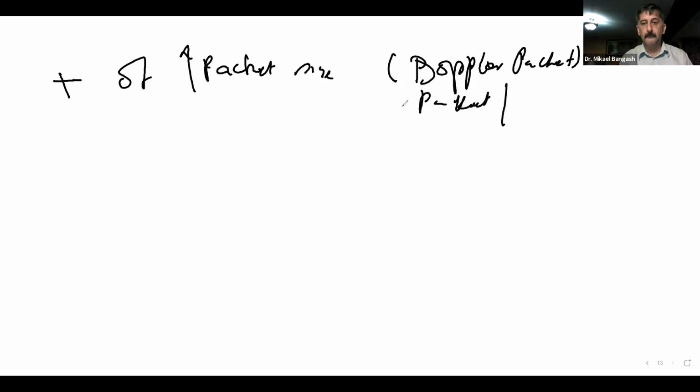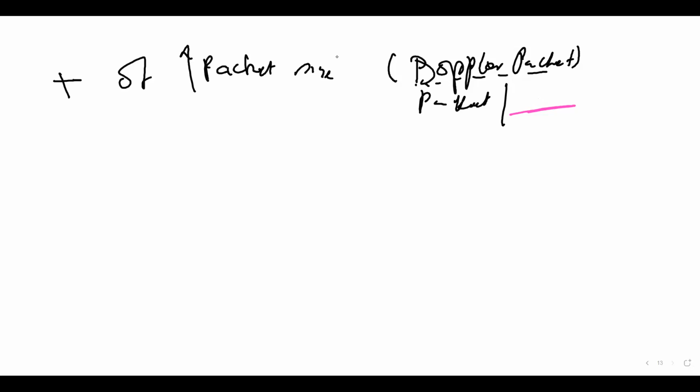And what was another name that Doppler packet went under? Ensemble.